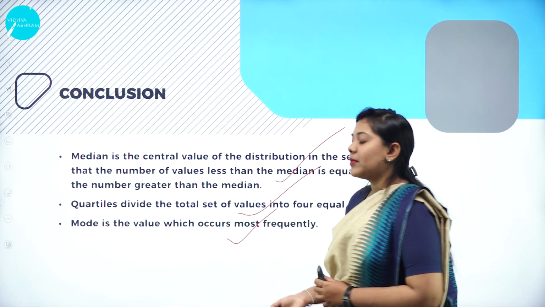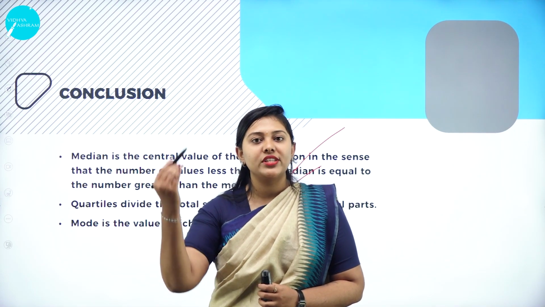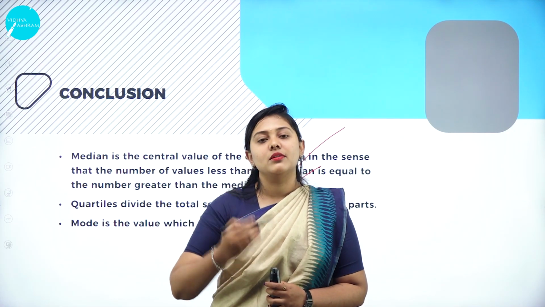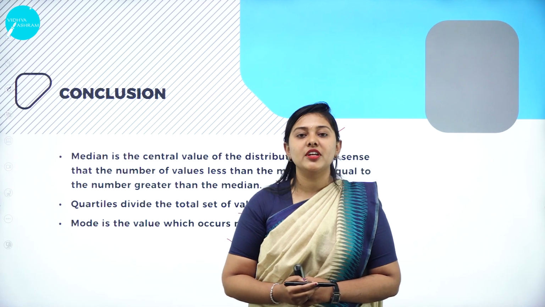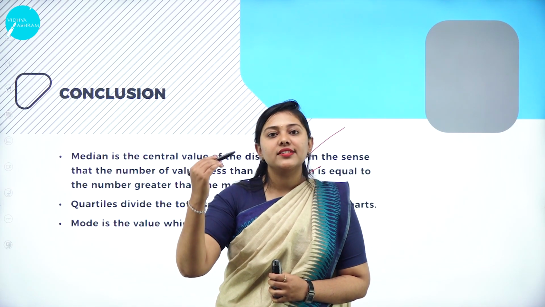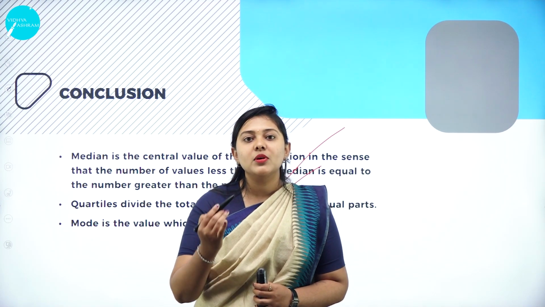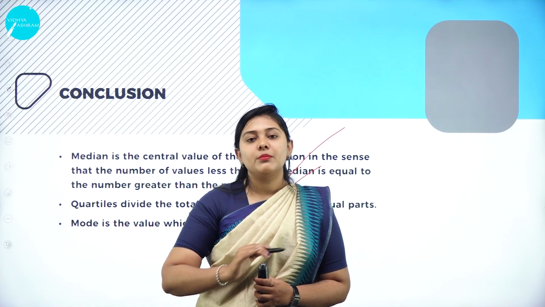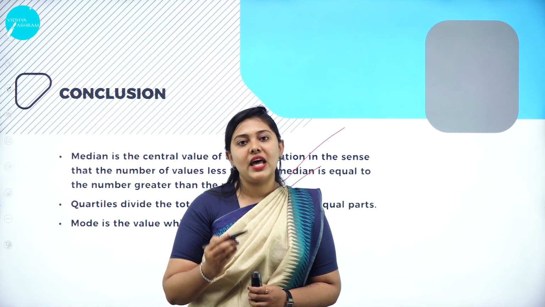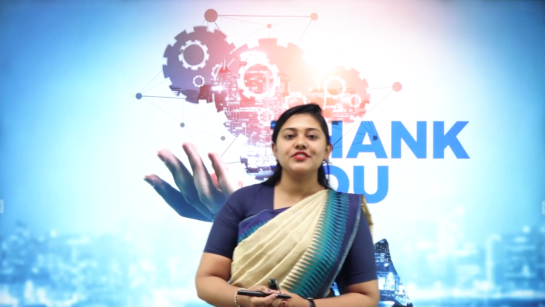In your examination, if they give you a continuous series and the frequency, the highest value in the frequency will be the modal class. The number which is preceding is called D1. The number which is succeeding is D2. So take the upper limit and lower limit, substitute the values in the formula and you can locate the mode. That's it for today's class.